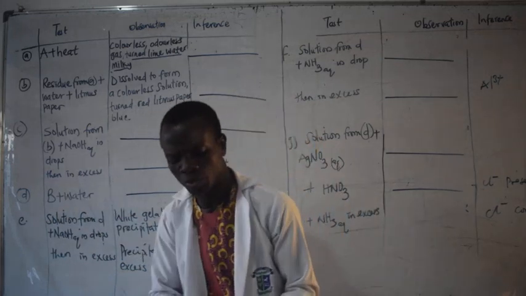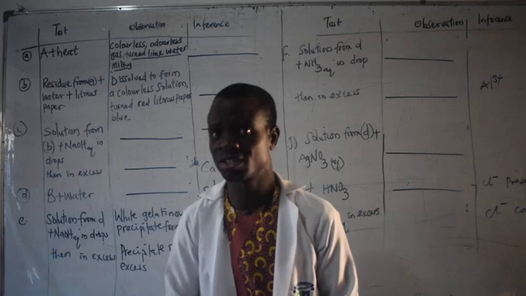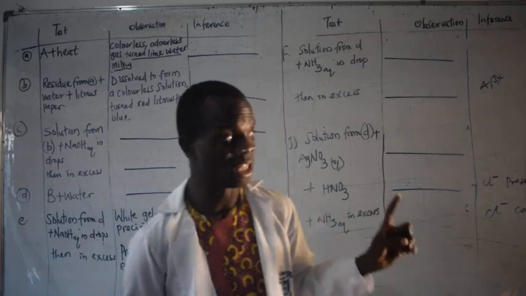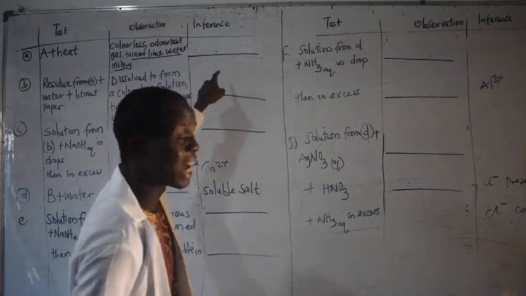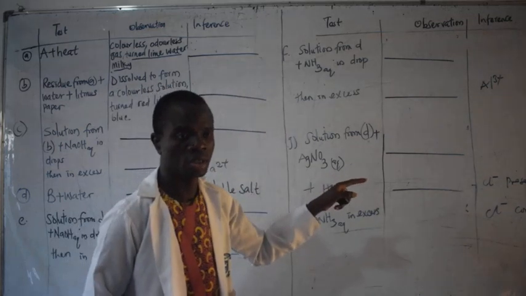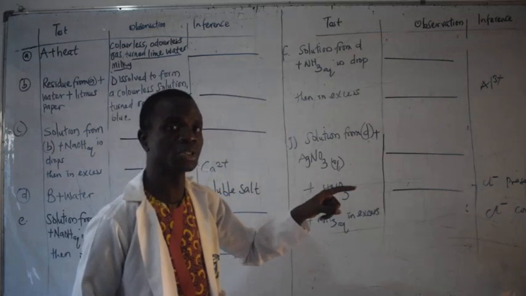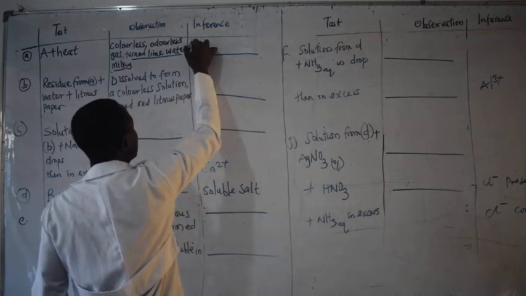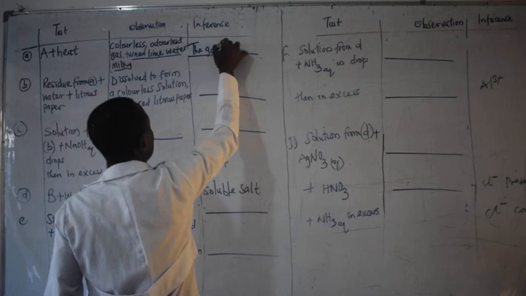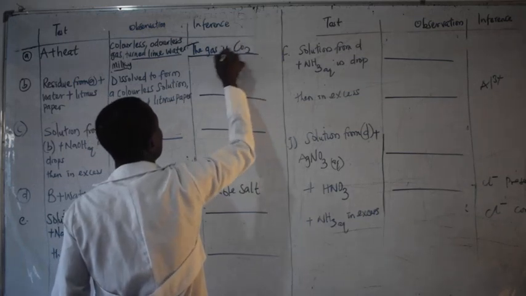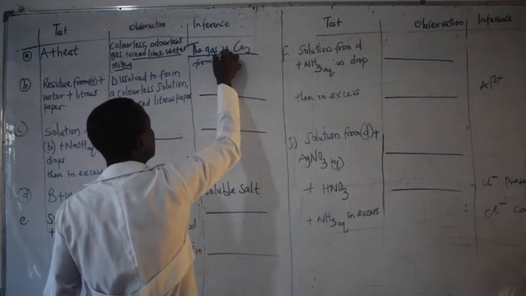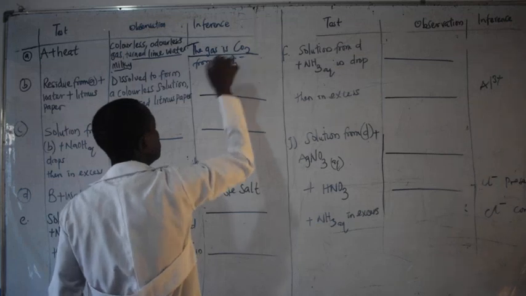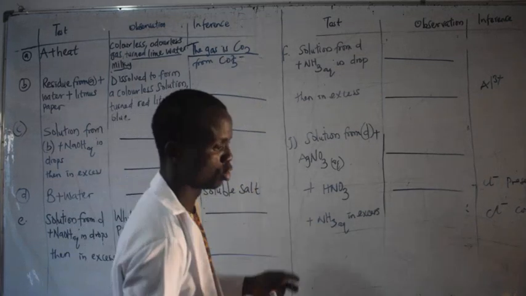It has an effervescence reaction, and the gas is CO2. The gas CO2 turns lime water milky. So the gas is CO2, from CO3 2 minus.